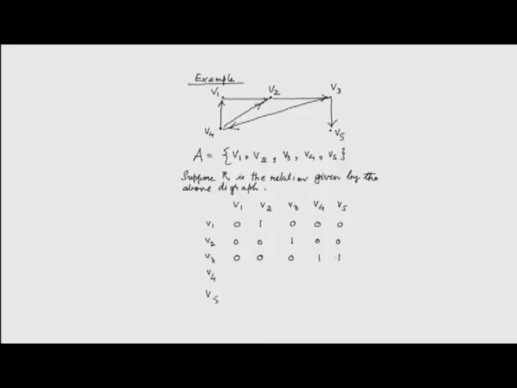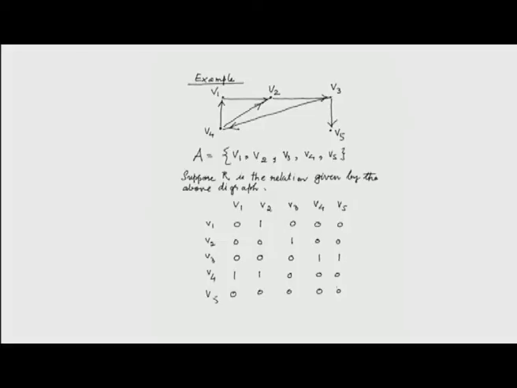And then we go to V4, where we find that V4 is related to V1, therefore, I put a 1 over here, and also it is related to V2, I put a 1 over here, and in the rest of the places I put zeros, and V5 is not related to any other element. Therefore, I put all zeros in the fifth row.